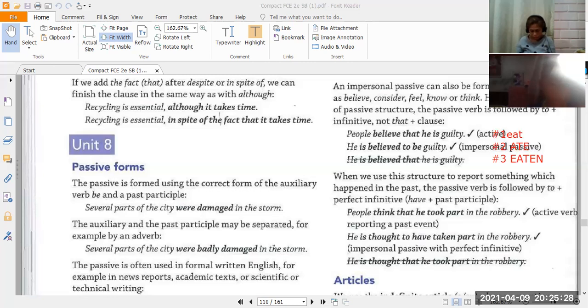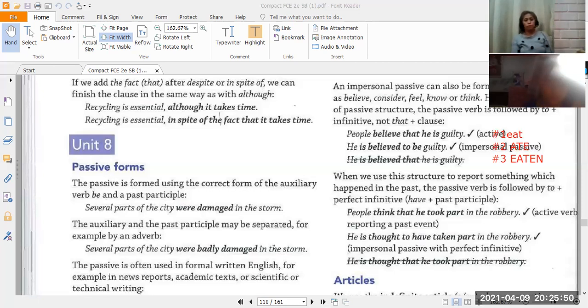Number 4, the object cannot do the action itself. One hundred chocolate cakes were sold on Sunday. Can a cake sell itself? Of course not. It needs to be the passive.